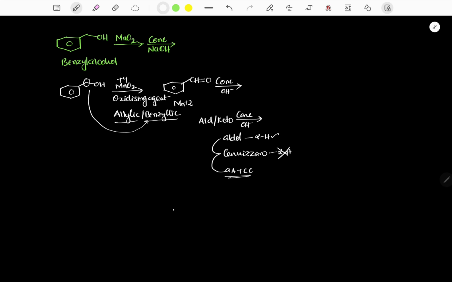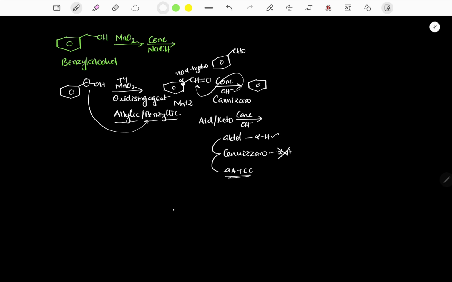And of course here it is an alpha carbon with no alpha hydrogen, and of course no sp3 carbon. That's why we think about the Cannizzaro reaction. In the Cannizzaro reaction, we take another molecule, the same molecule. Suppose OH- attacks this carbon.